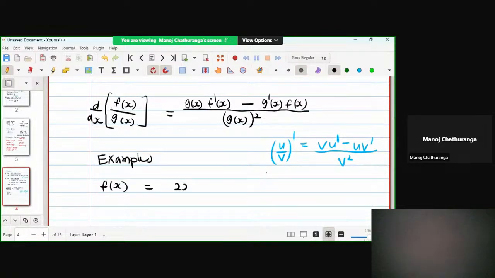Let's say you have 2x plus 3 divided by x squared plus 1. So this is the numerator, this is the denominator.